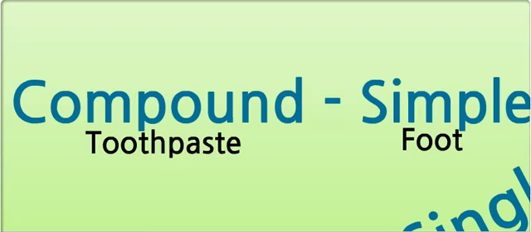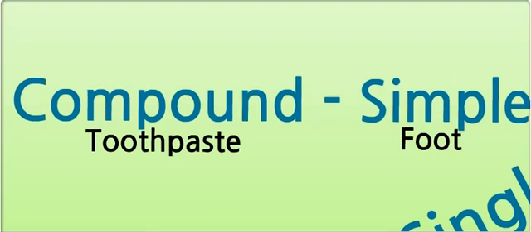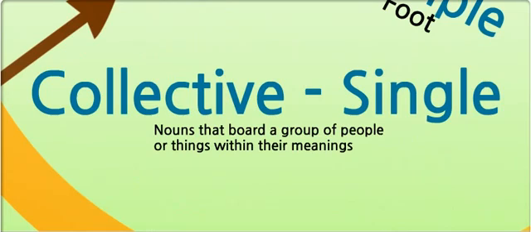We also have compound and simple nouns. This is pretty easy. Compounds are nouns that have two words put together and mean a different thing, for instance, toothpaste. And simples are nouns that are only one word, so it's very easy to know.